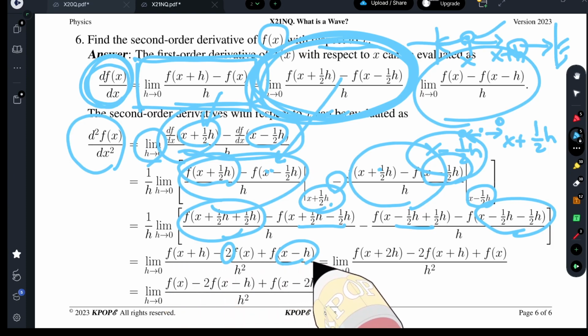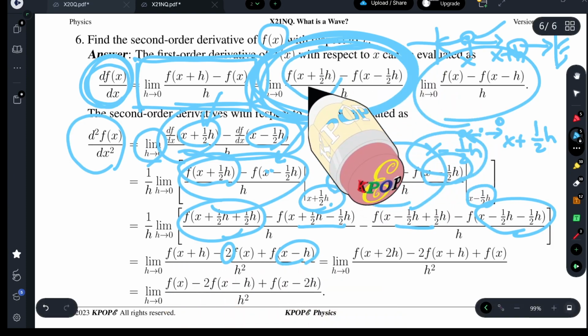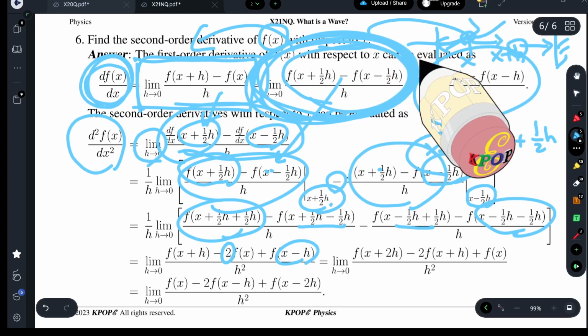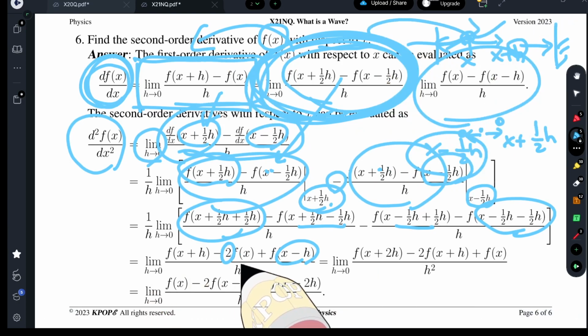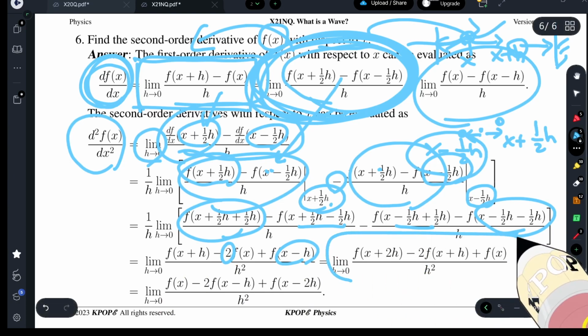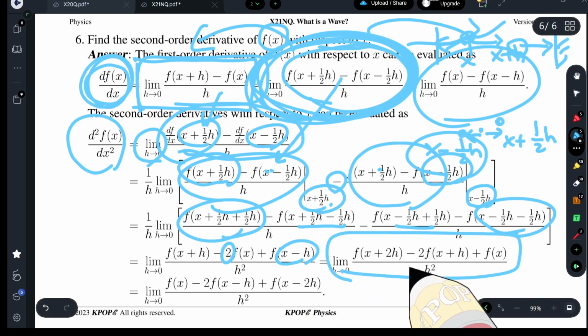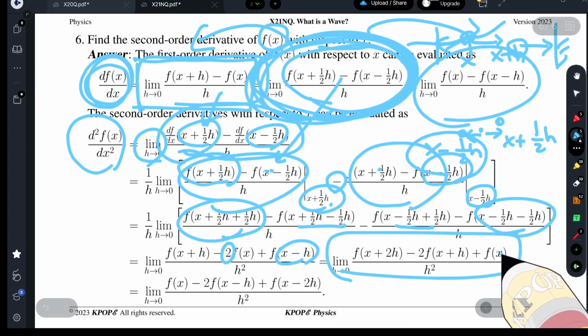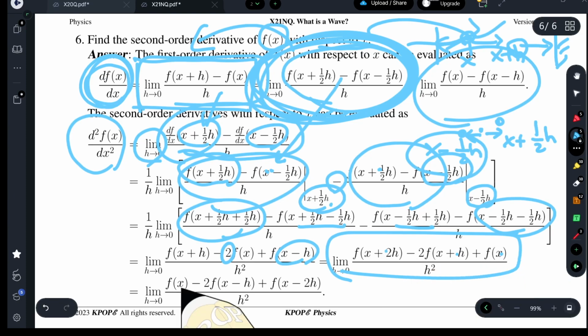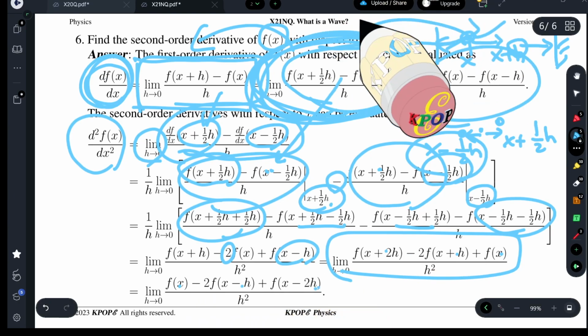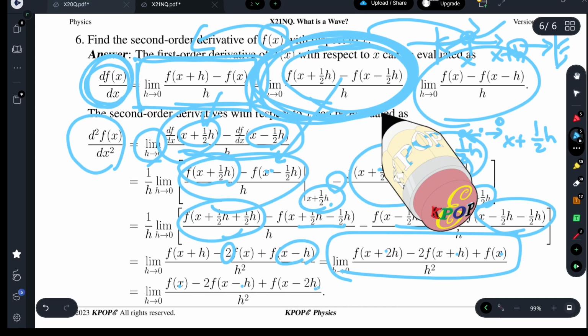In a similar manner, we can use this or this method. In that case, the same limit can be obtained by using this, which translates from x by h and from x by minus h again. Okay, that's it for today. Thank you.